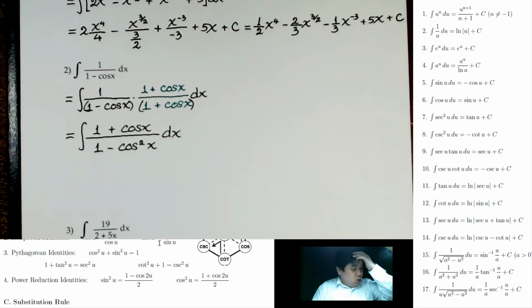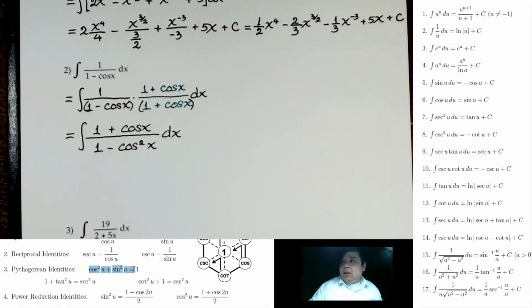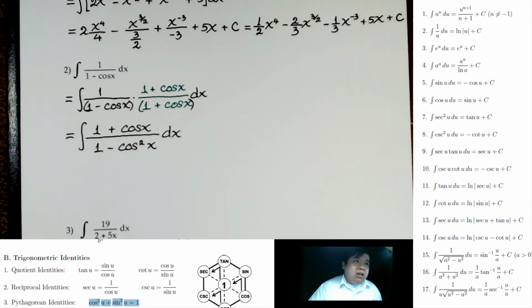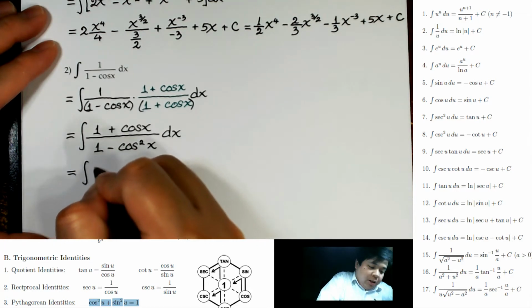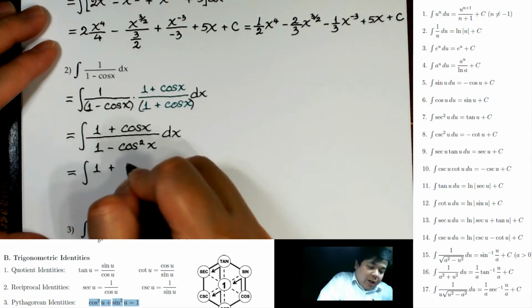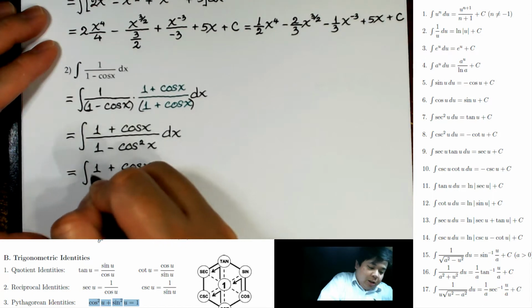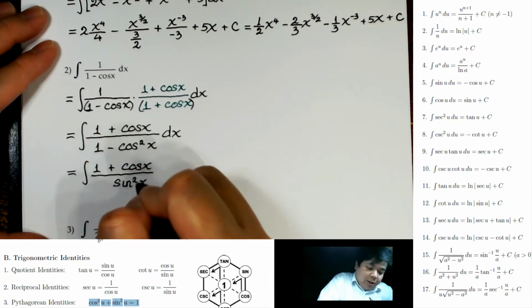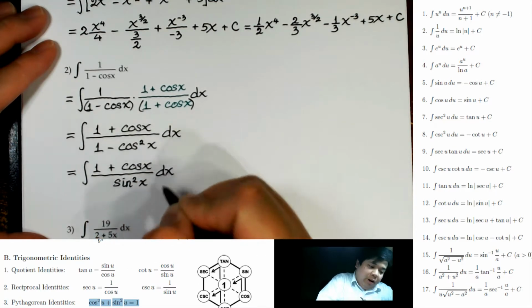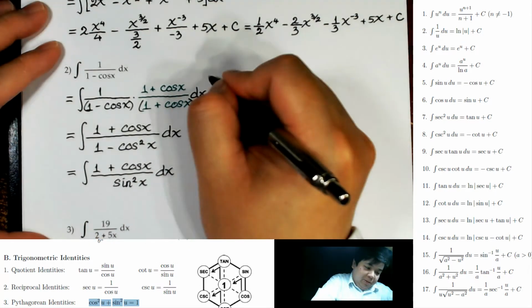1 minus cosine square, obviously, it is the Pythagorean identity, so that would be sine square. So I will rewrite this: 1 plus cosine x over sine square. Alright, almost there.